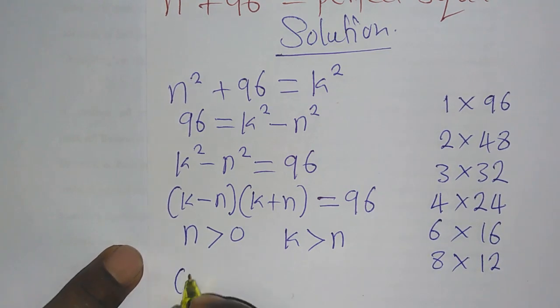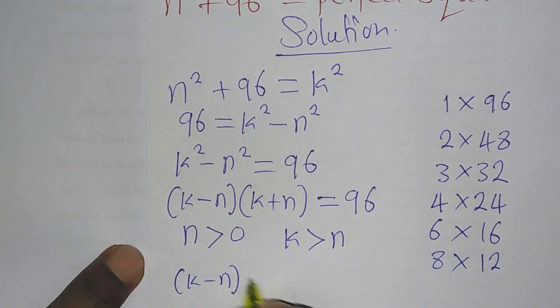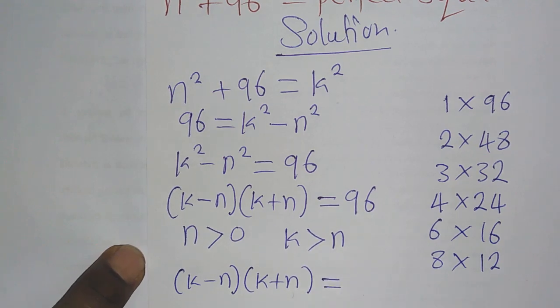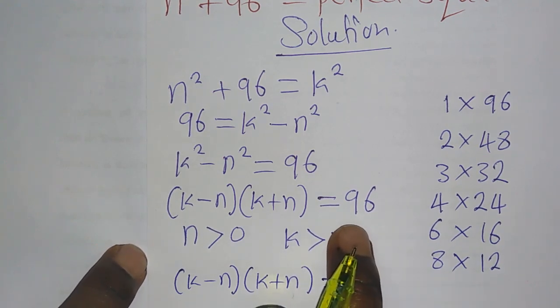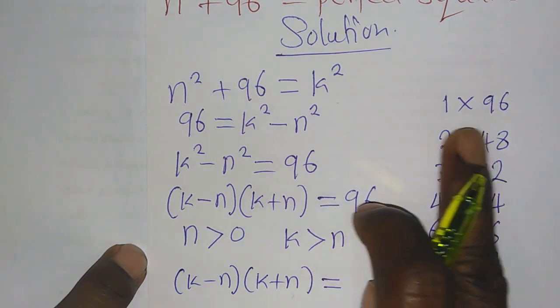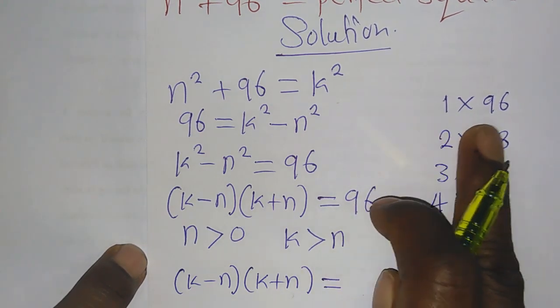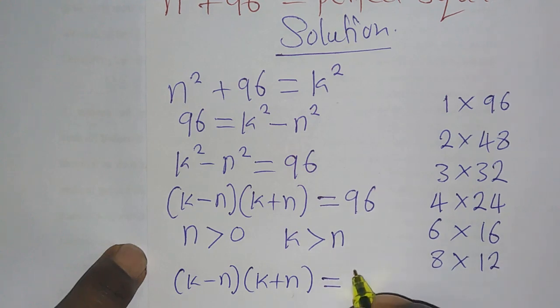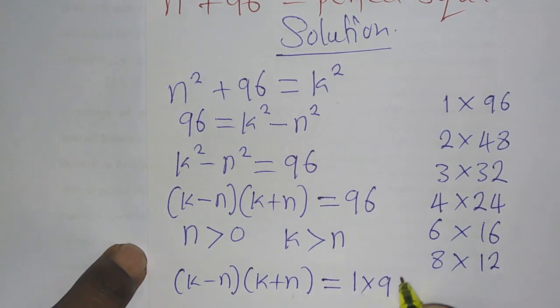Now, we have k minus n into k plus n is equal to, instead of 96, we replace it with 1 times 96.